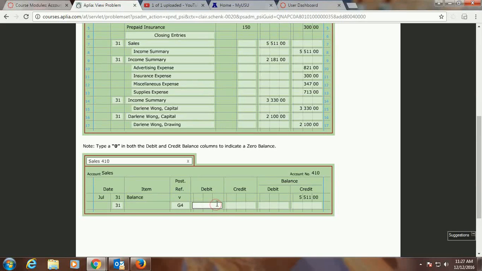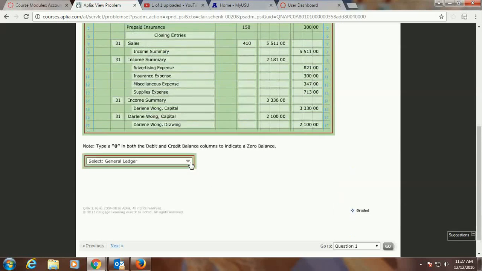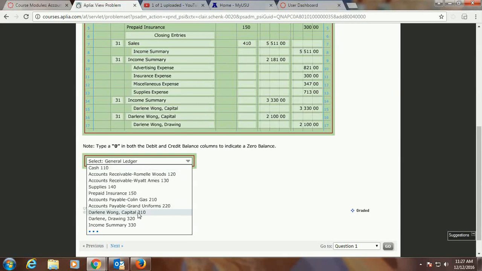And it's going to be a debit of $5,511. And that's going to give me a zero balance now in both columns. And then I'm going to write the account number 410 in the post reference of my general journal. So now sales has a zero balance, and we're ready for the next accounting period, next accounting cycle.